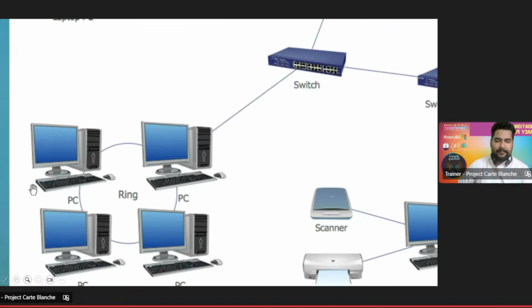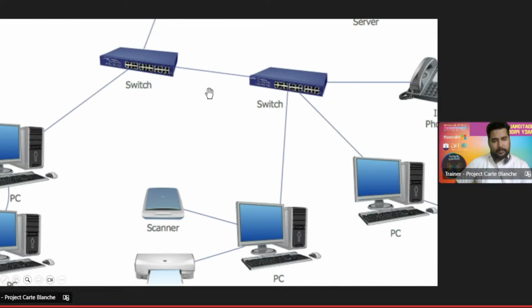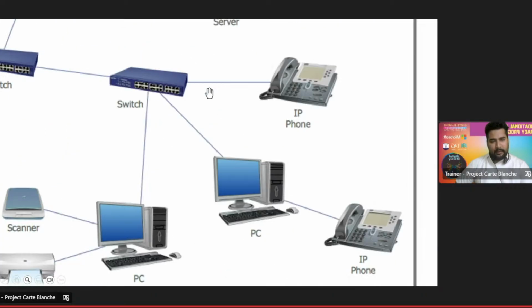Now imagine this is one school campus which is connected to the local network. There is no internet right now. In the same way, there is one more local network, maybe in the head office. For example, your school is in some city, and in the same city there is a head office of your school where the office team is sitting.